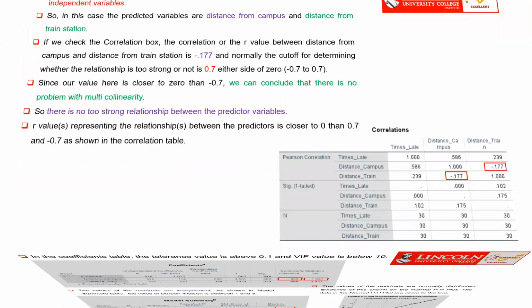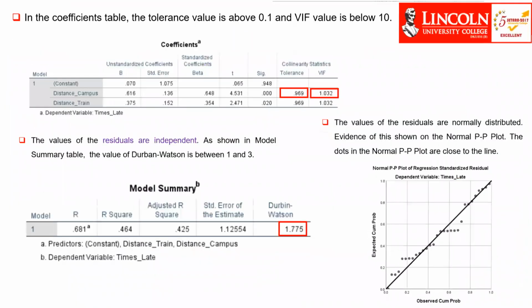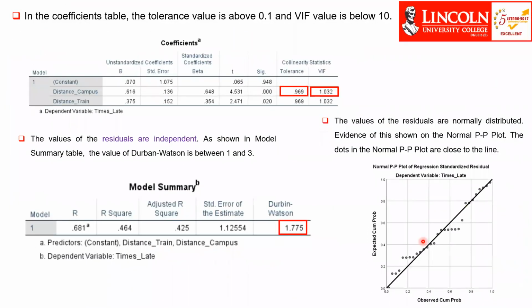Now, that one has been fulfilled. In the coefficient table, the tolerance value is above 0.1 and VIF is below 10. The values of the residual are independent, as shown in the model summary table.